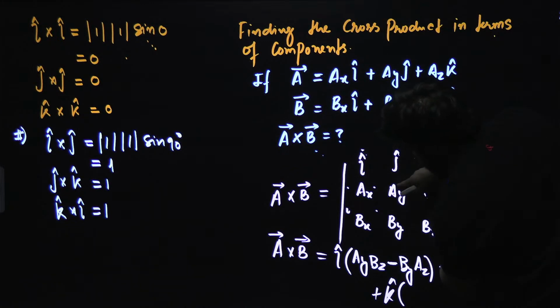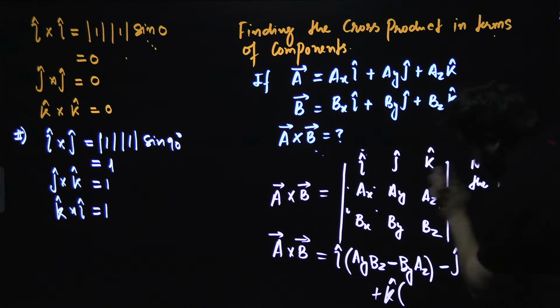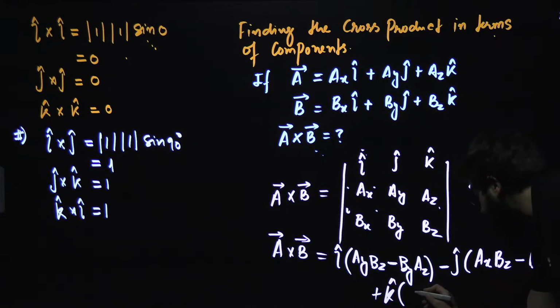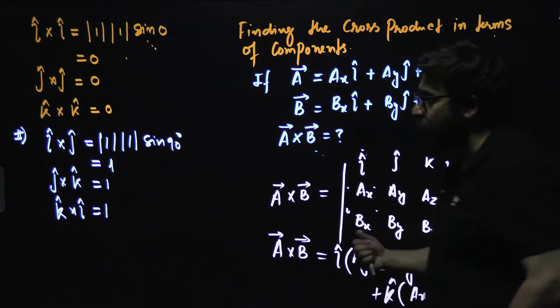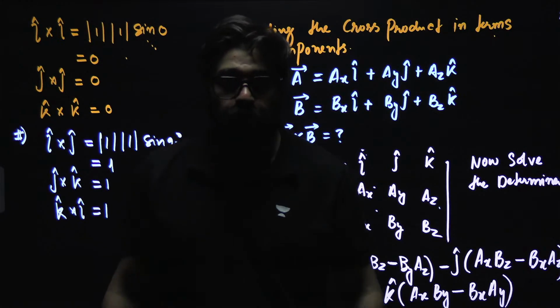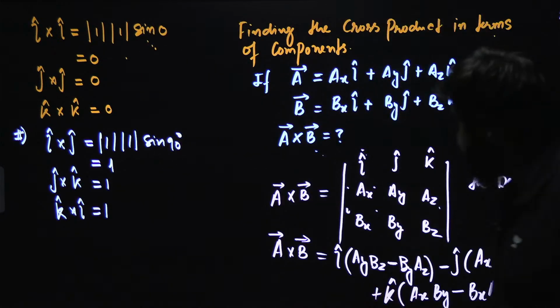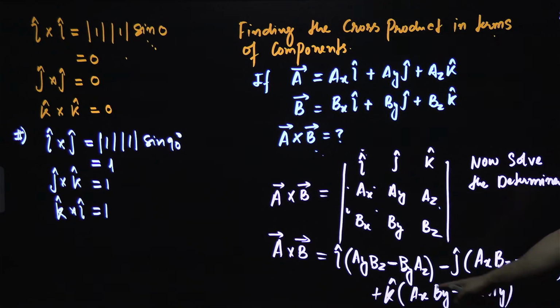These four: AX into BY, BX into AY. So that is AX into BY minus BX into AY. This is the value of A cross B: AY BZ minus BY AZ, then minus this, something like this.